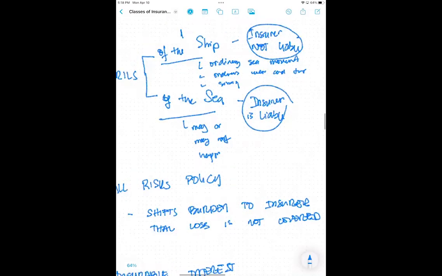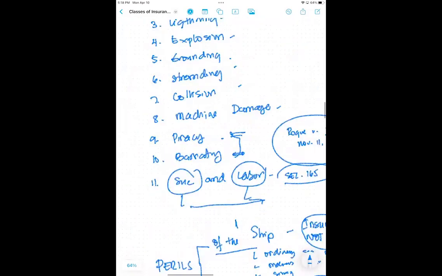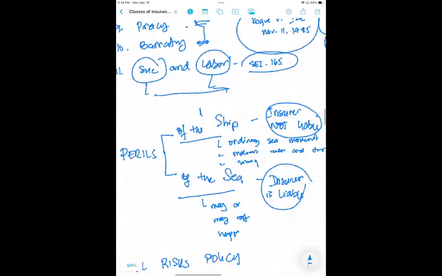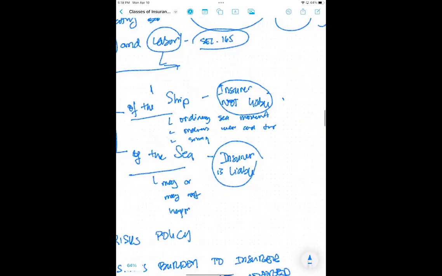Okay, so examples of this would be heavy weather, fire, lightning, explosion, grounding, stranding, etc. In other words, these are examples of perils that may or may not happen. Unlike perils of the ship, these are things that would actually happen, okay, because ordinary wear and tear nga, ordinary sea movement, okay?